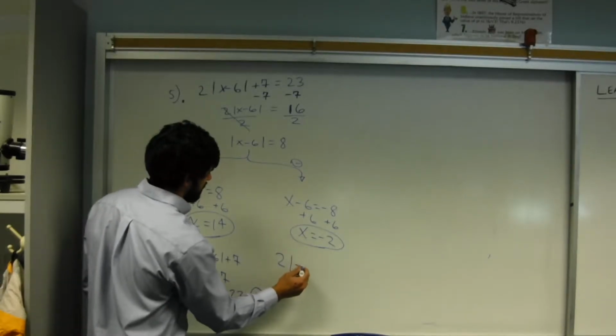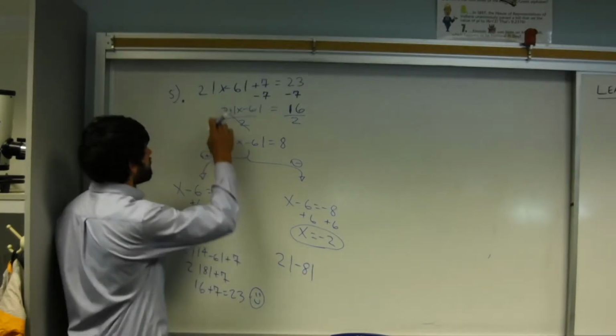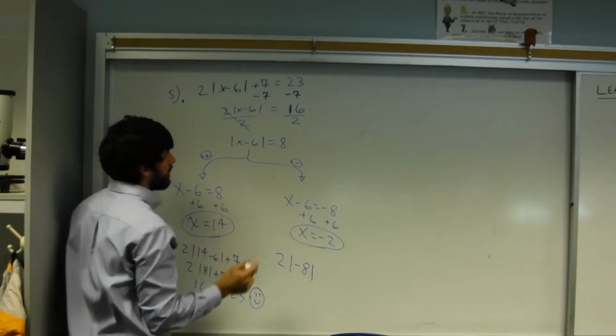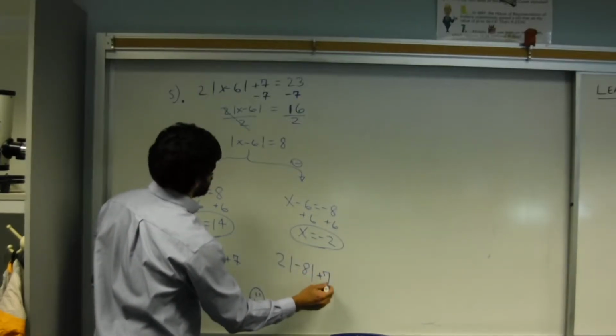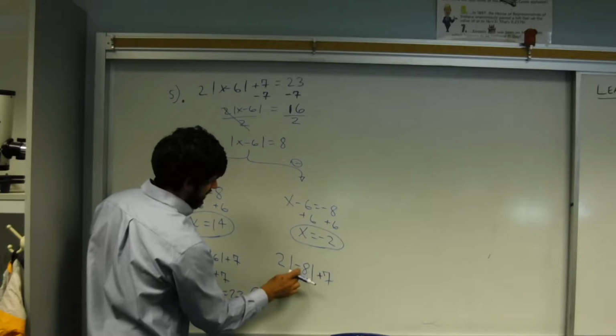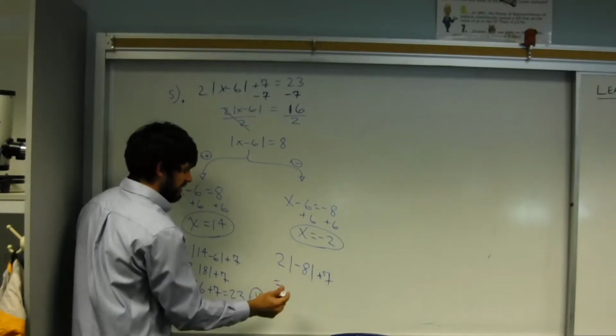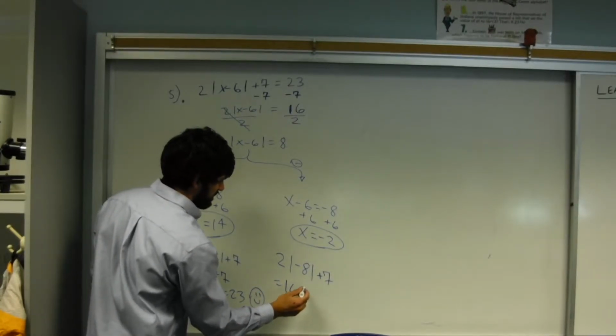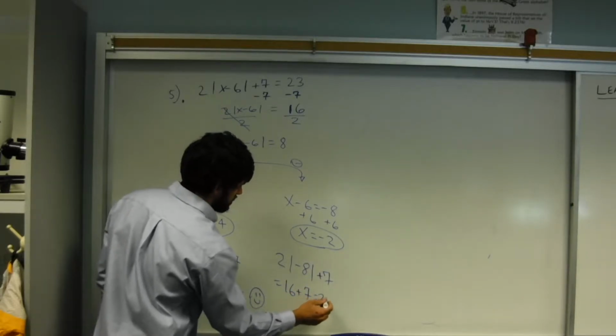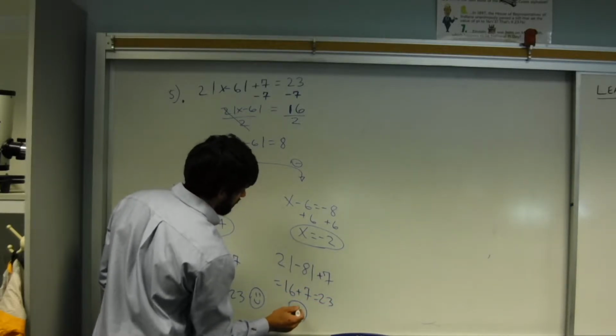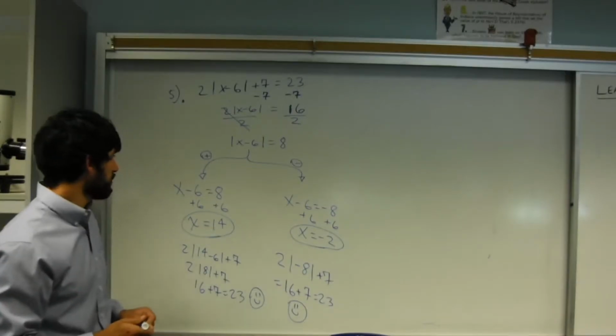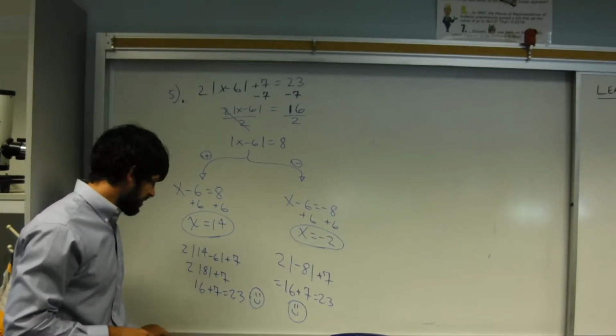We're going to get 2 times the absolute value of negative 2 minus 6, plus 7. The absolute value of negative 8 is going to be a positive 8. So once again, we get 16 plus 7, which is equal to 23, which makes us happy. So that is example number 5.